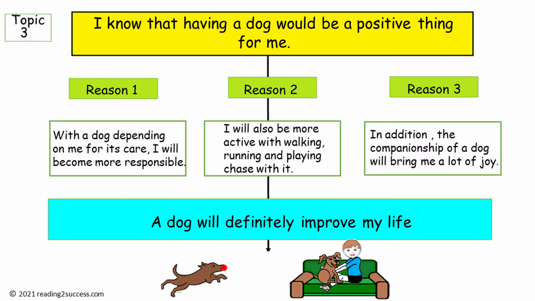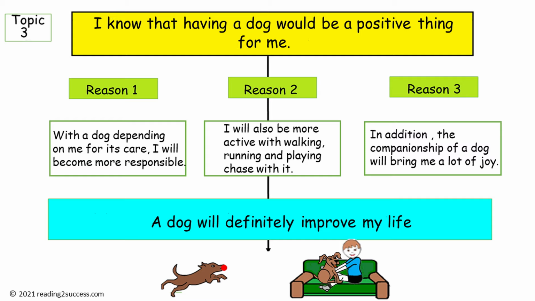And now let's review the graphic organizer for topic 3. The opinion statement is, I know that having a dog would be a positive thing for me. Reason 1, with a dog depending on me for its care, I will become more responsible. Reason 2, I will also be more active with walking, running, and playing chase with it. And reason 3, in addition, the companionship of a dog will bring me a lot of joy.